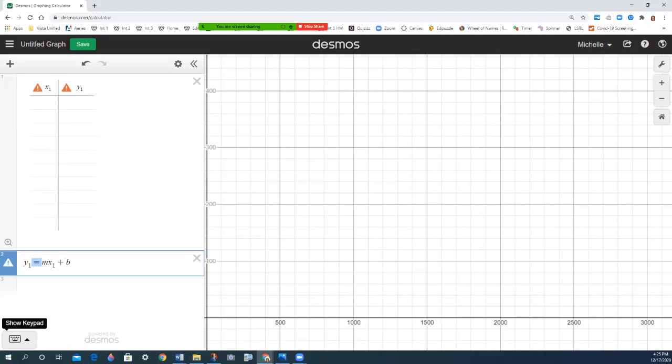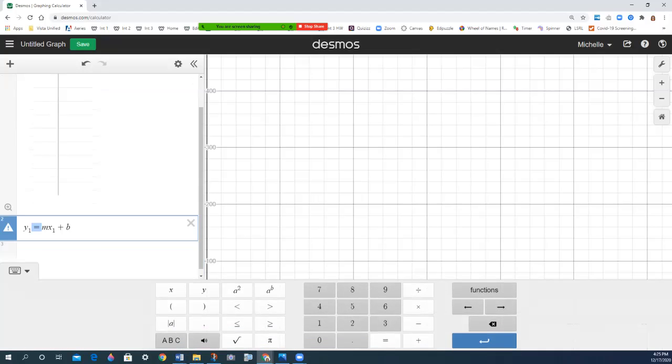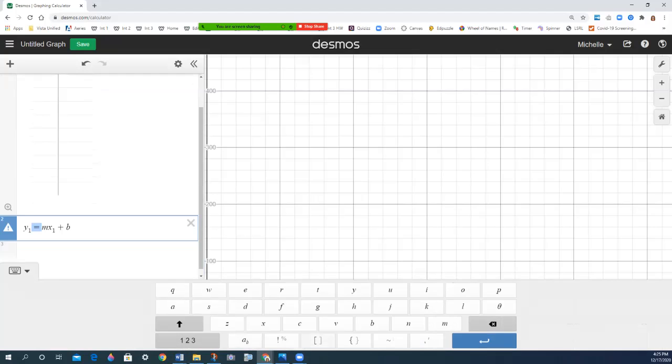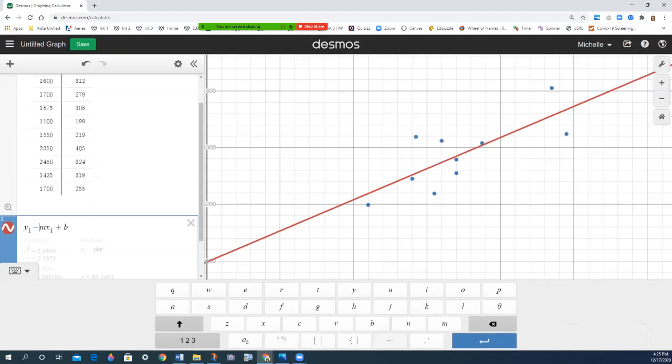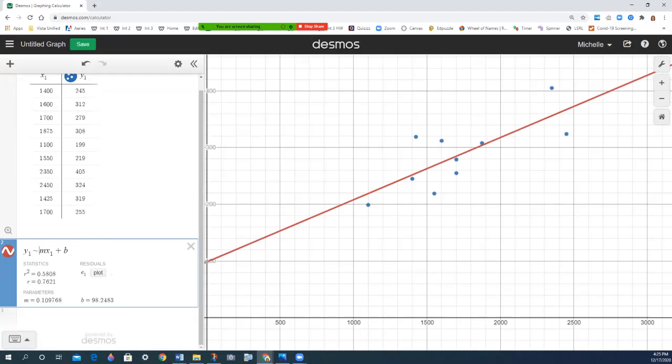And then what I want it to do is I want it to take all the ones that we had here. So I'm going to come here to where the keyboard was, and I'm going to click on ABC. And I'm going to go all the way across here for the symbol. Okay, similar symbol, or like in Spanish, the tilde. And that is what I use anytime I want to come up with any type of line, curve of best fit.